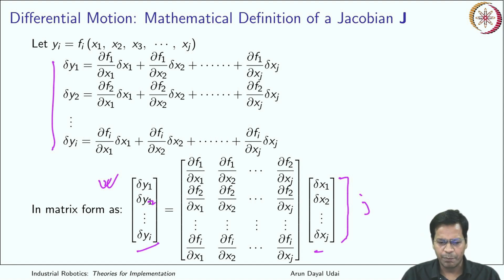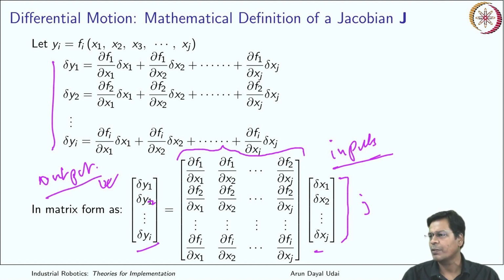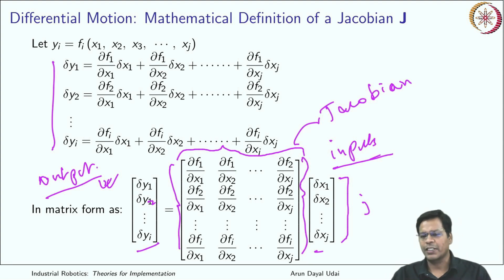So you see there is a pack of differentials in the form of a matrix. This matrix relates the input vector to the output vector, and both are rates. The rate of change of input variables comes here, the rate of change of output variables goes here. So this particular matrix relates the input rates to the output rates. Got it? This is known as a mathematical Jacobian.